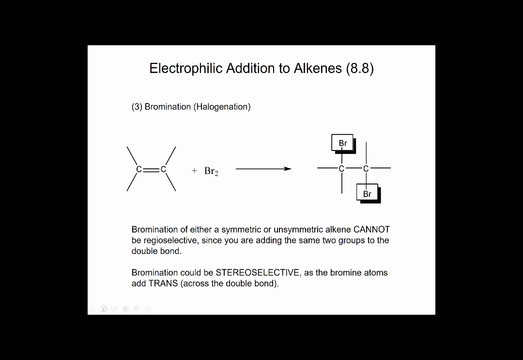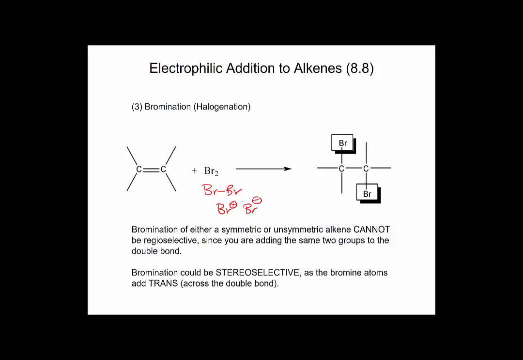Then bromination. Was bromination on the video for yesterday? Okay, so bromination could be stereoselective. This is the first of a bunch of reactions that involve a triangular intermediate. We think of the Br2 as breaking apart and forming a Br plus and a Br minus.